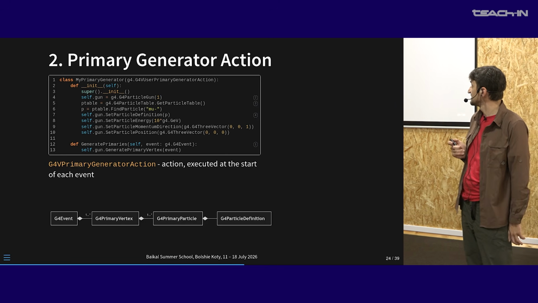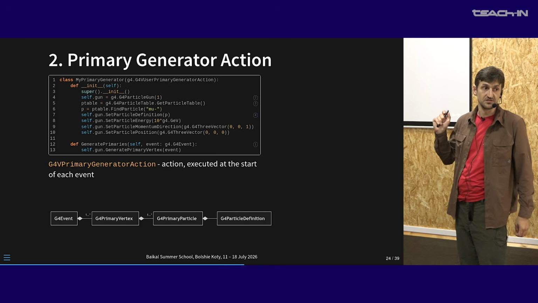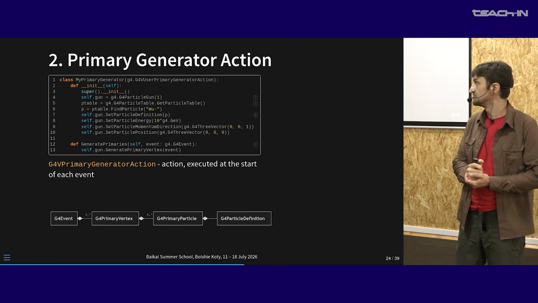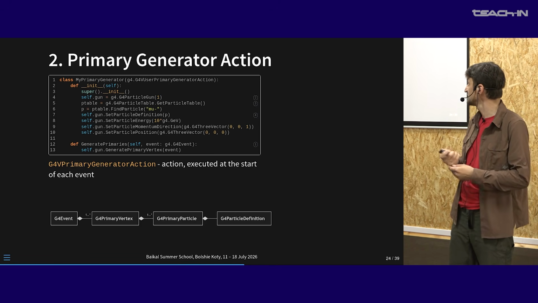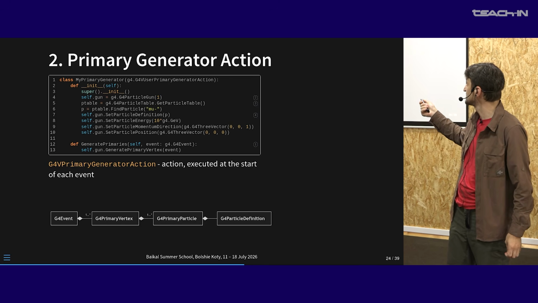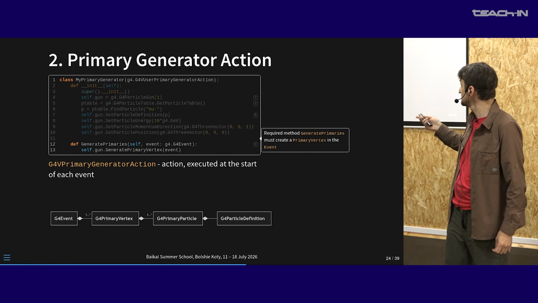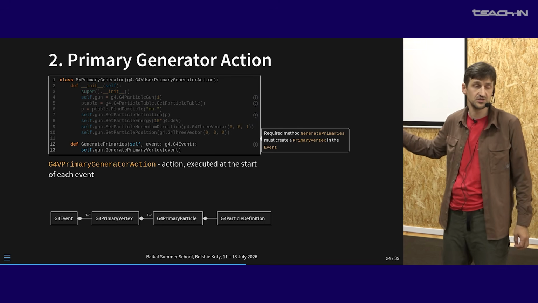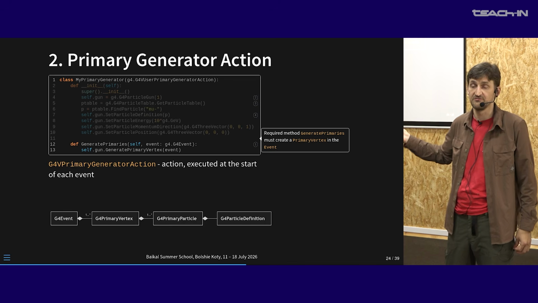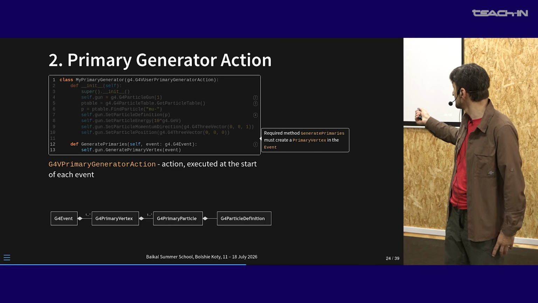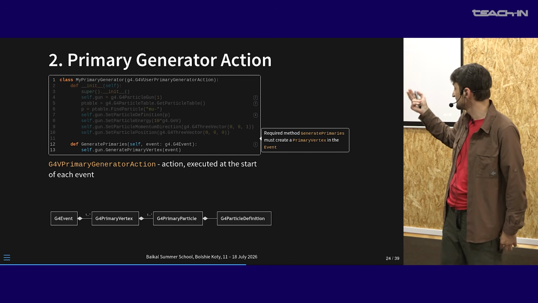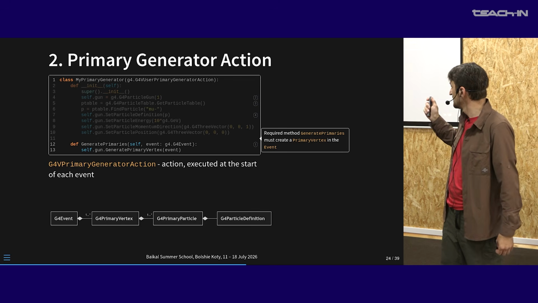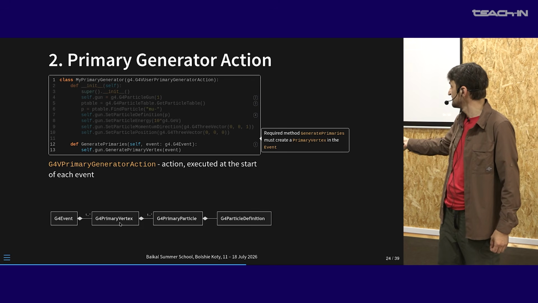Okay, then we need to define the primary particles, which will be traveling in this geometry. This is done by the primary generator action. It's an action, not an initialization, because it needs to be executed at the beginning of every event. Every event should have a new primary vertex.